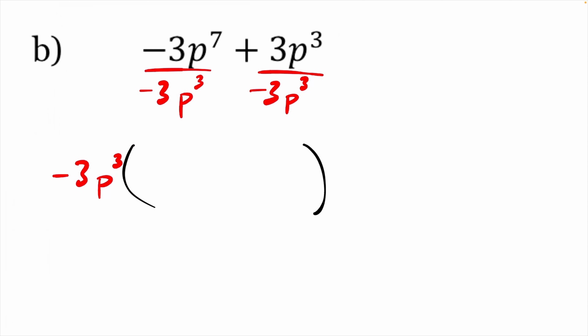Okay. So a -3 divided by -3 makes +1. If I take away 3 powers of p, how many powers do I have left? 4. So 1 p to 4. -3 divided by 3 makes -1.